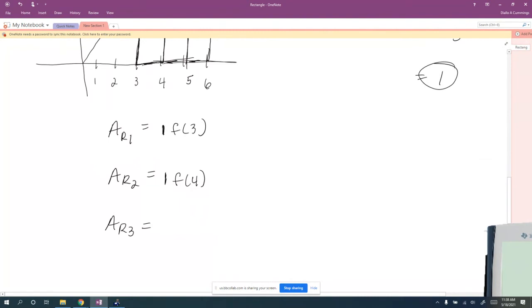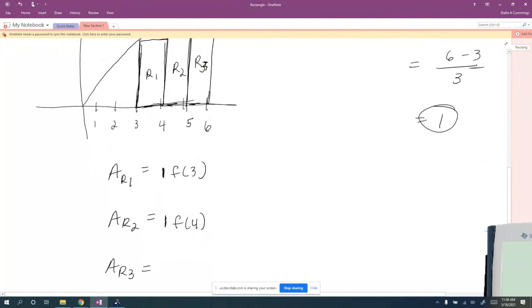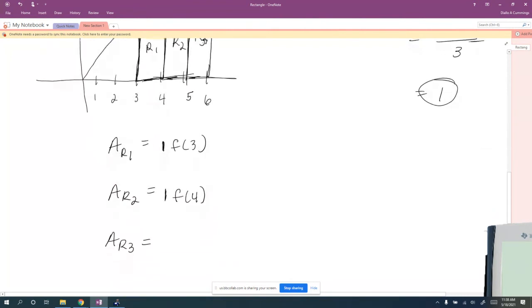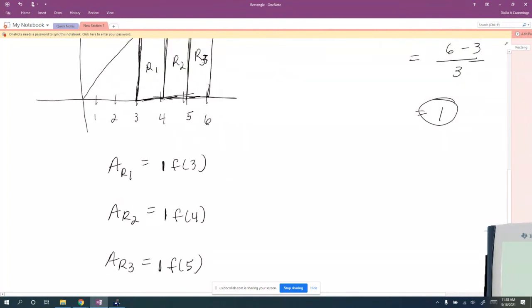We can find the area of rectangle 3 by taking the width, which is 1, times the height, which is f of 5. So now we'll find all 3 areas, and then we'll find the total area by adding them all together.